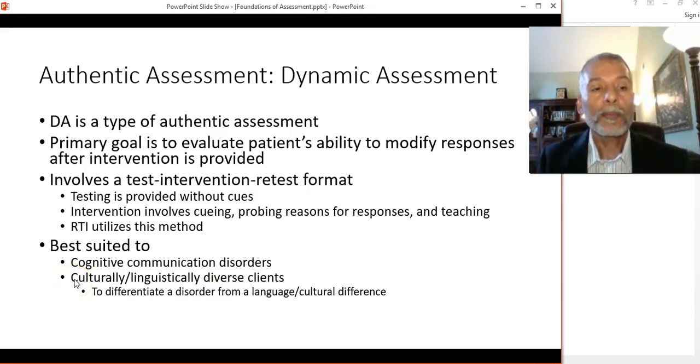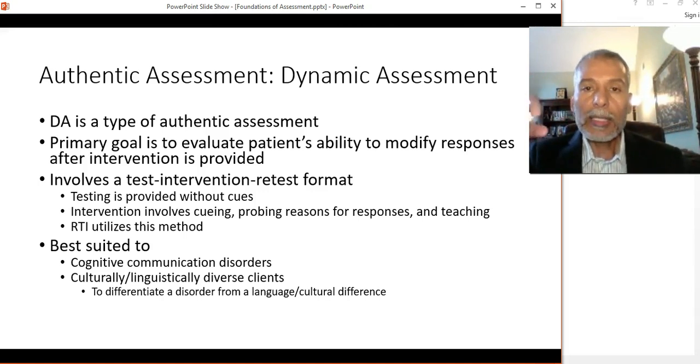You also could do it for people who are bilingual, like they come from a different country and they are learning English, and the question is, for example, does the person have a language disorder, or does the person have a language difference? Language difference means that there are things in the native language of the person that make it hard for them to acquire the second language.